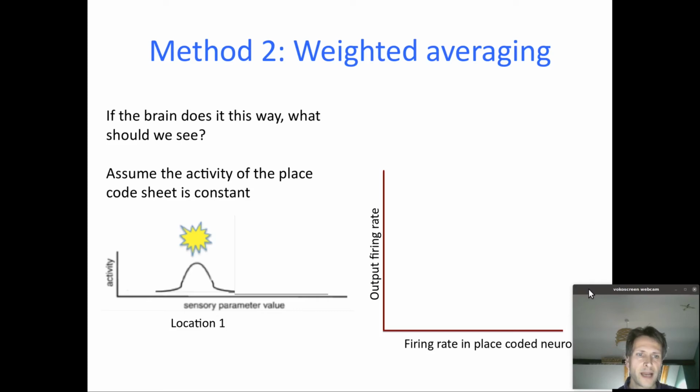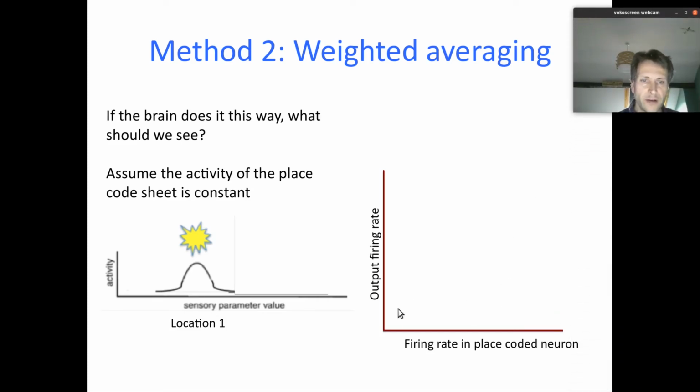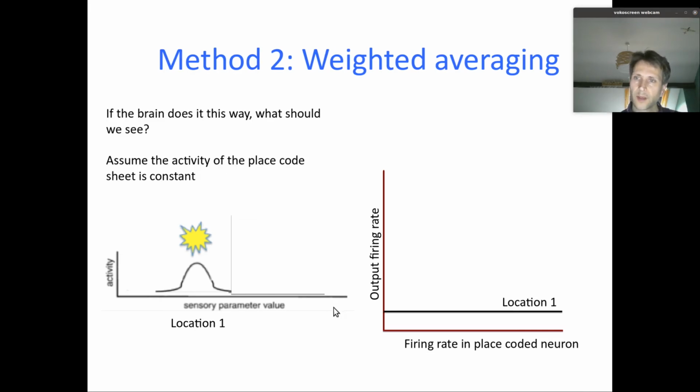So, okay, let's go back to the graph of the output firing rate versus the firing rate in a place-coded neuron, and go through the process of considering what happens for individual stimuli and multiple stimuli. For location number 1, the weighted average is a flat line, because as the firing rate at location 1 increases, we're still dividing by the total activity in the sheet.